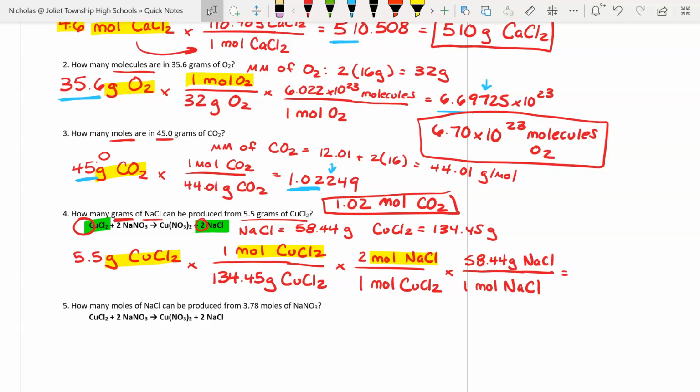So when I multiply this out on my calculator, I get 4.7812. There are 2 sig figs in my given, so I underline the first 2 digits and look at the third. So I'm going to round this to 4.8 grams of sodium chloride.